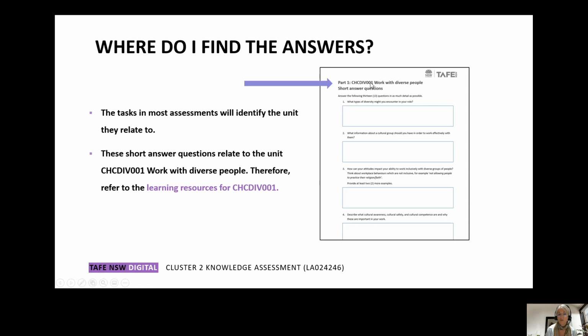So it's telling you that the questions you're being asked throughout this assessment relate specifically to the unit CHCDIV001. That means you will refer to the learning resource for this subject to find the information to complete your answers.